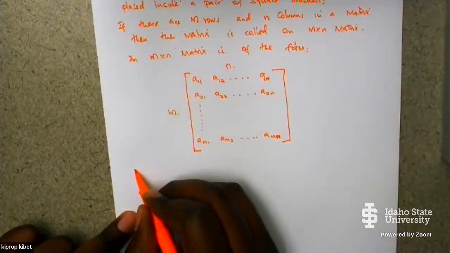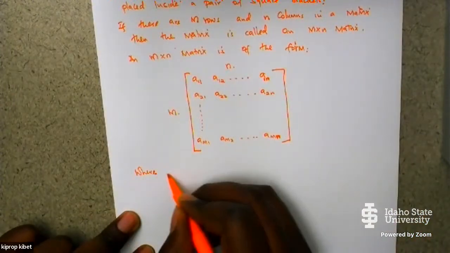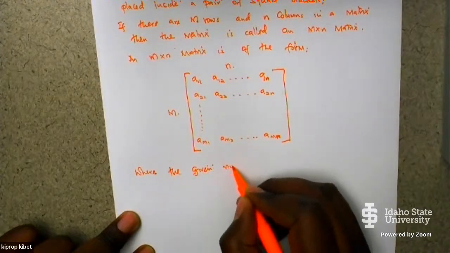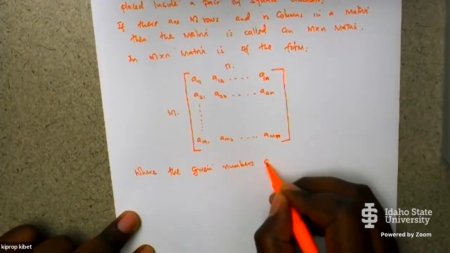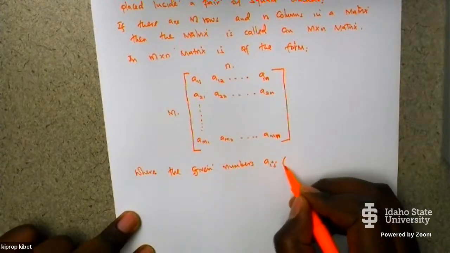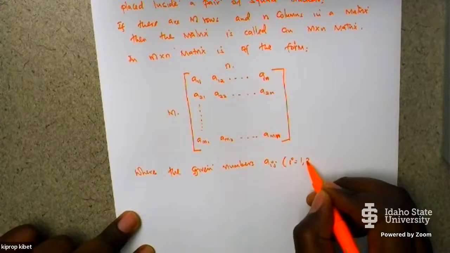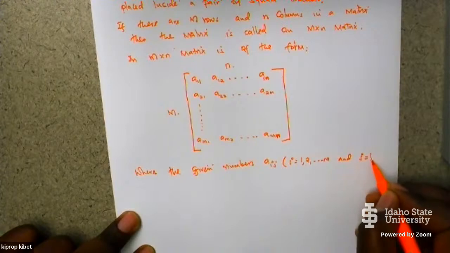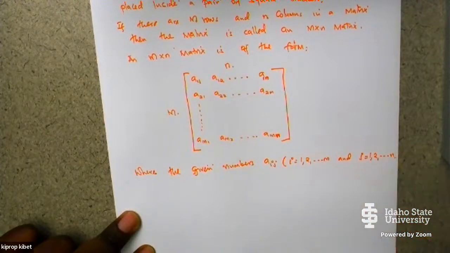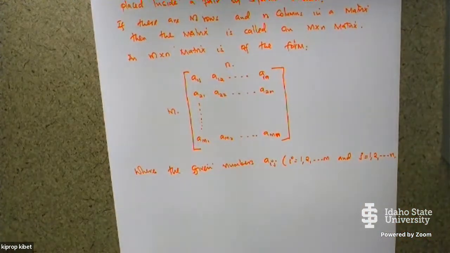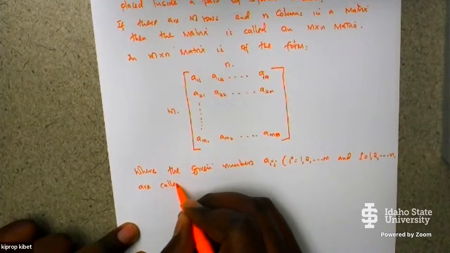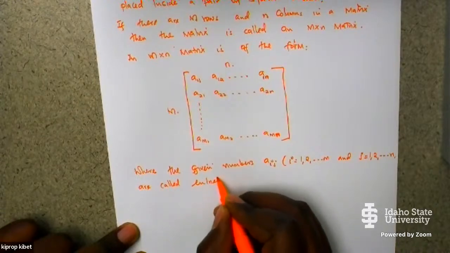In this case, the given numbers aij, where i equals 1 all the way to m, and j equals 1 all the way to n, are called entries.